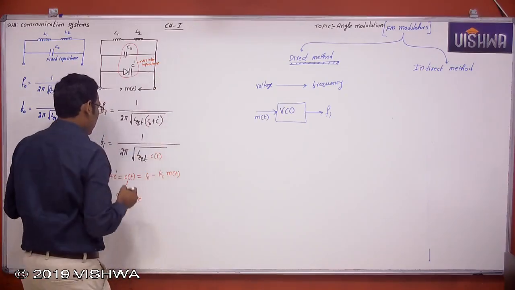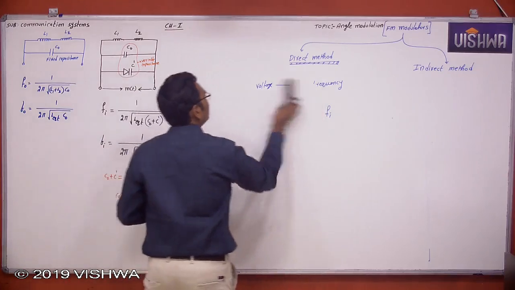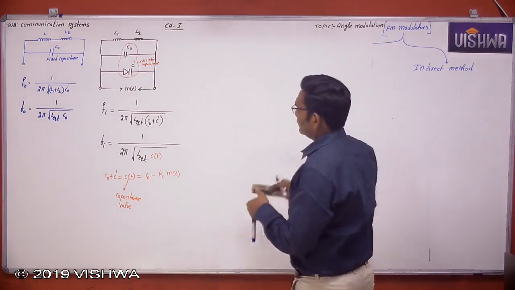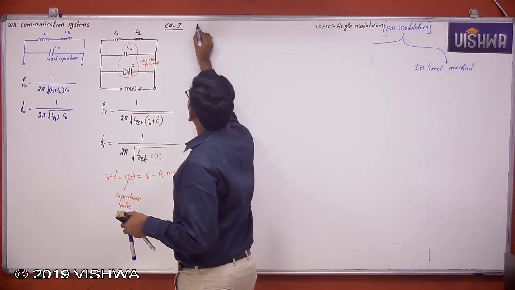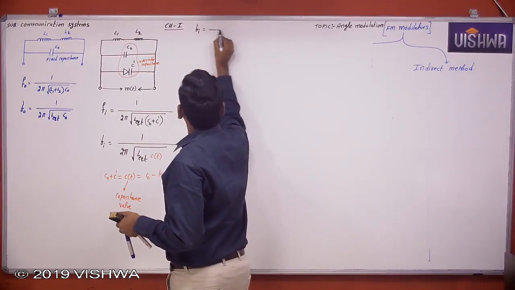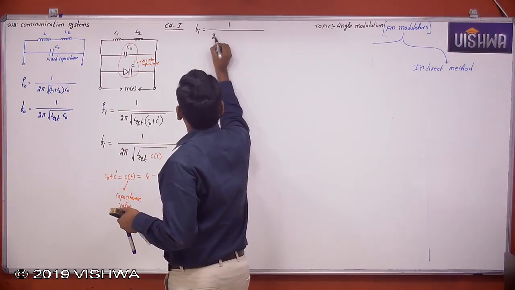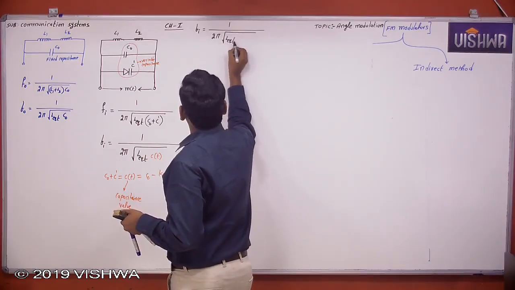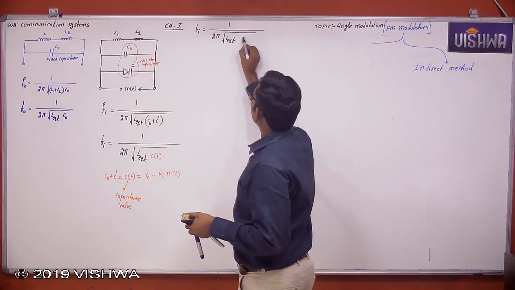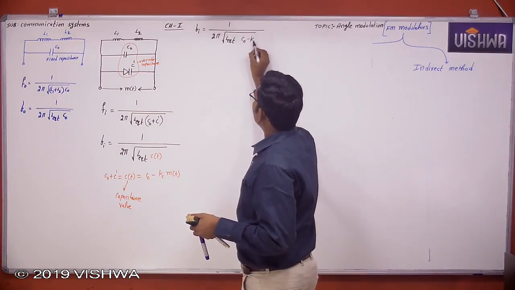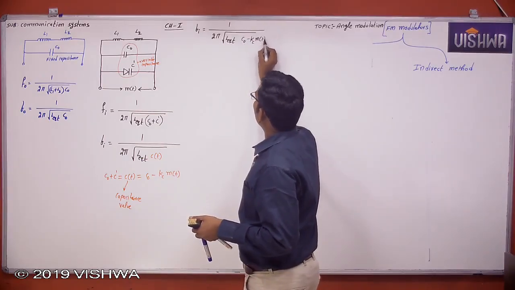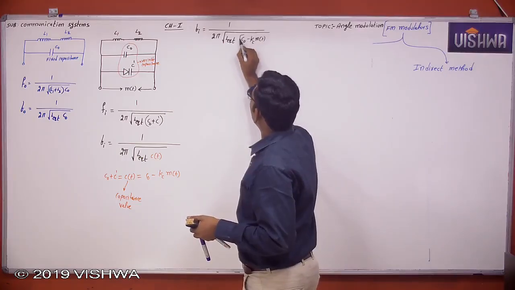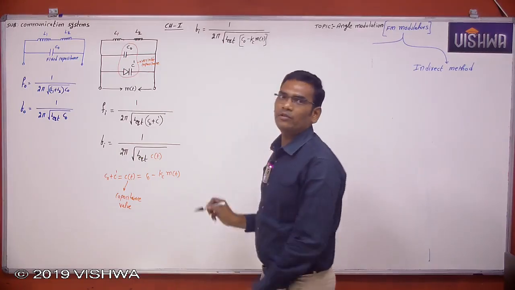Okay, so if I replace with that, what is Fi here? Fi is equal to 1 divided by 2 pi root L equivalent into C of t, where C of t is C naught minus Kc into m of t. Because when the controlling voltage is available, this capacitance value changes.